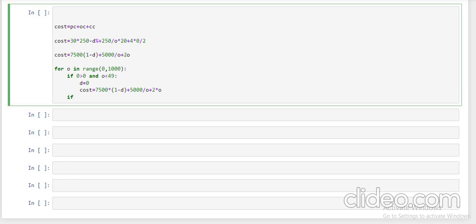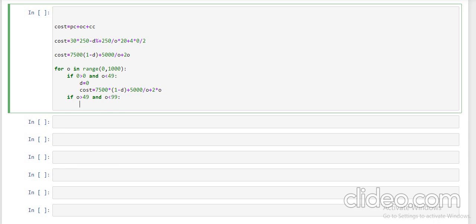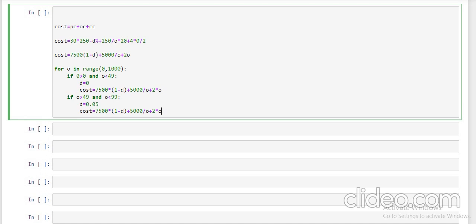Now if O is greater than 49 and O is less than 99, then set D equals 0.05, that is 5%, and again copy paste. You can see how fast and quick this is.